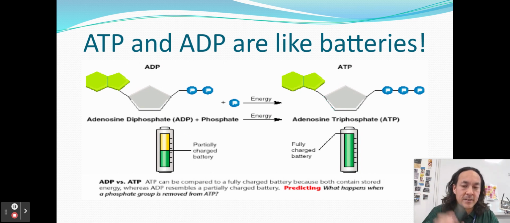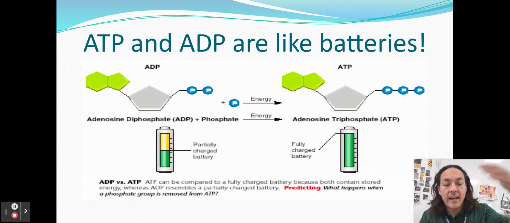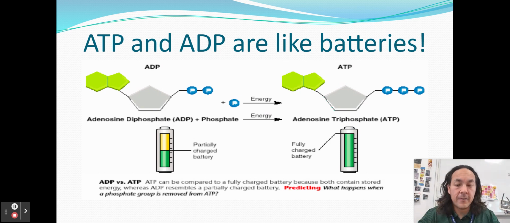You're at like 50%. You've used the 50% in your phone to do Snapchat, to send messages, to do Instagram, right? So when we lose a phosphate from ATP to ADP, that energy is transferred somewhere else. For instance, it might be helping me to blink my eyes right now.